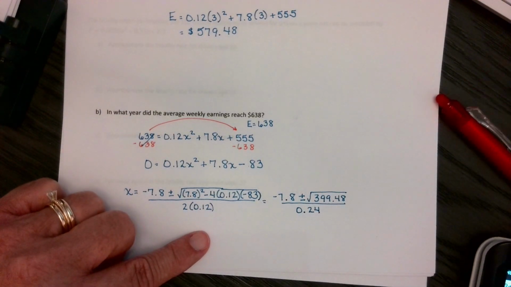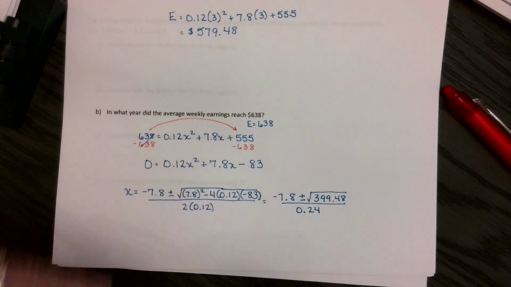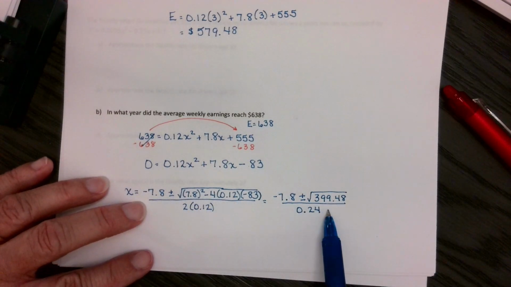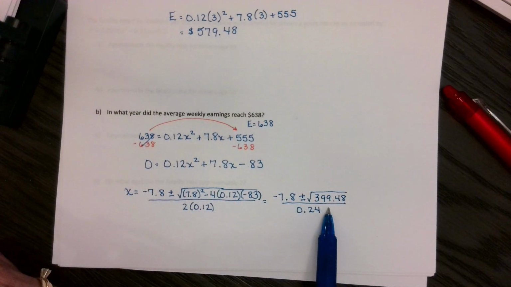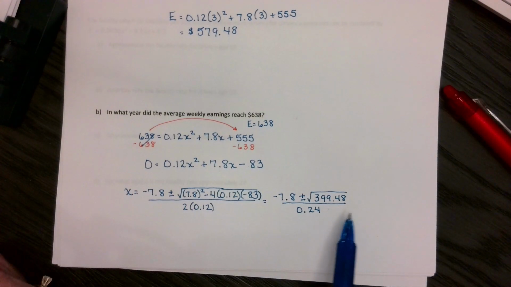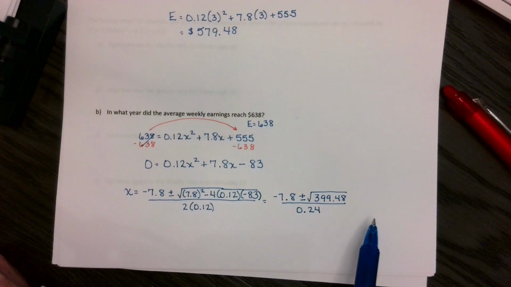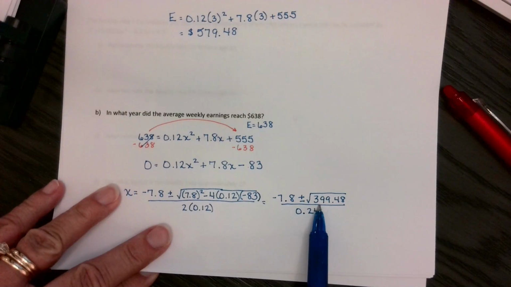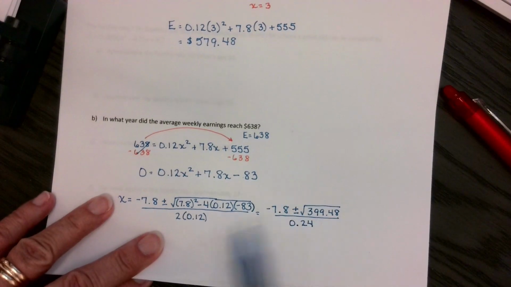Now, this doesn't make sense because it says in what year. That doesn't even make sense to leave your answer that way. So it doesn't really tell us what to round to, but it's okay. We'll get to it. But we do know that if I ask you what year, you've never seen a year like this after the year 2004, because that's what the X stands for.